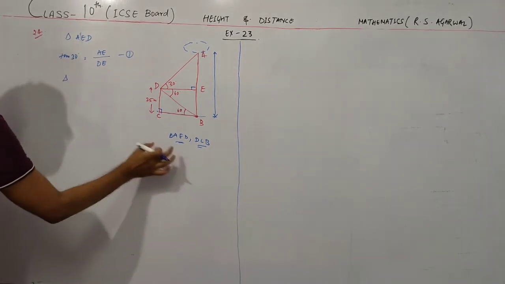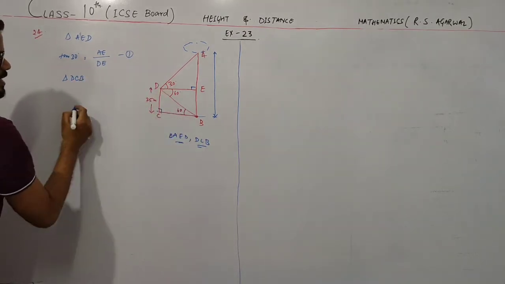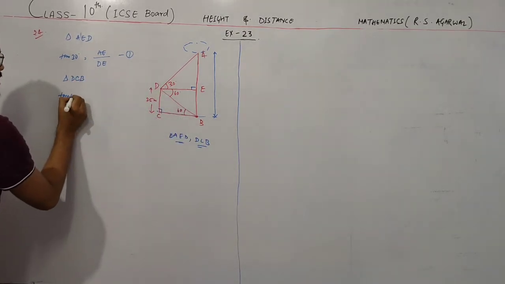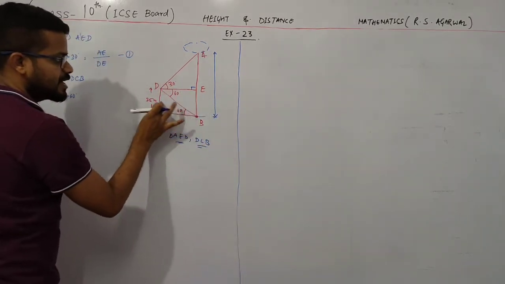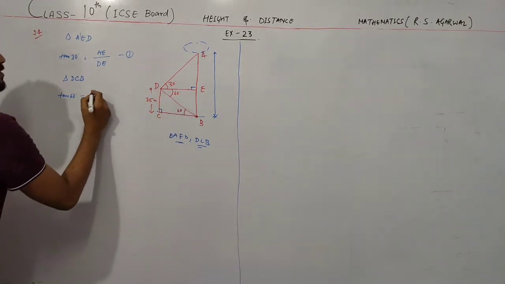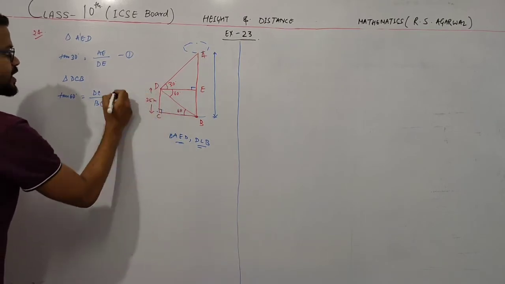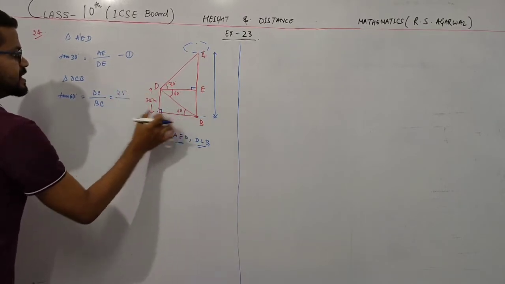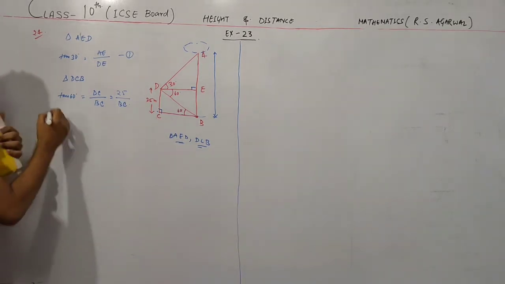Now again taking triangle DCB, from this triangle tan 60 degree, this is 60 degree and this is the height and this is the base. In front of the angle always is the height. So tan 60 degree is equals to DC upon BC, and DC is 25 and BC we have to find by using this.